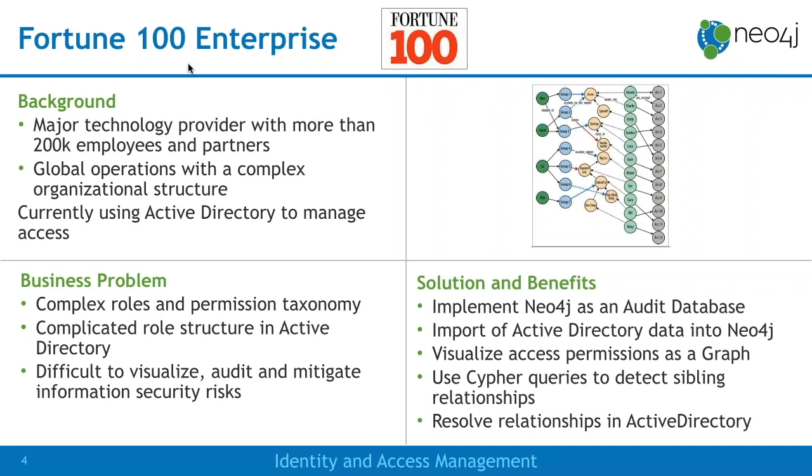Due to those complexities, people have taken different patterns in the way they use the groups and the organization hierarchy in Active Directory, and some of those patterns left them open to vulnerabilities. So they decided to use Neo4j to import all their data regularly from Active Directory, and then run regular queries to determine whether those patterns exist, hunt them down, and remove those vulnerabilities from their Active Directory group structure.